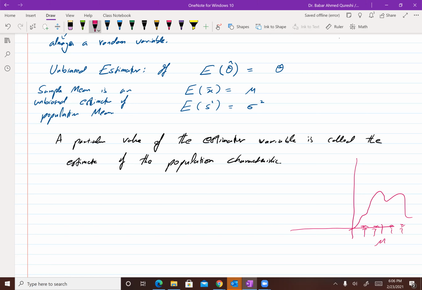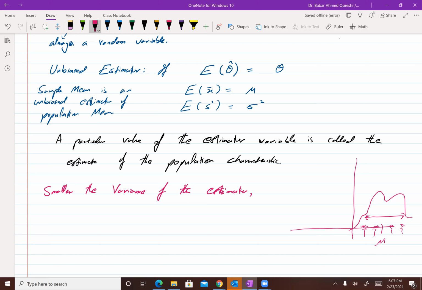And depending on how tight this distribution is, in other words, the smaller the variance of the estimator, the better chance you have that you will land close to the true population characteristic which you want to estimate.